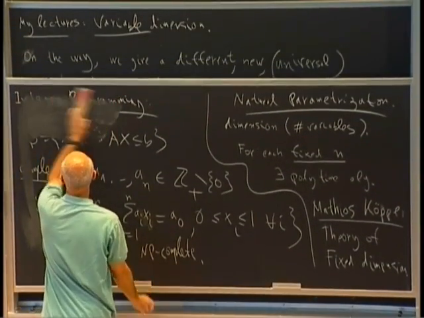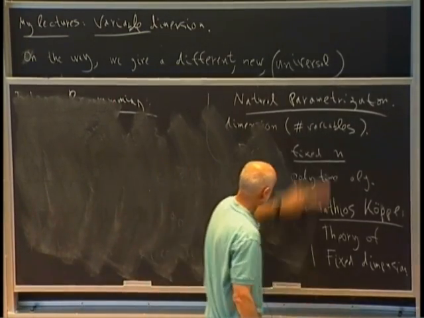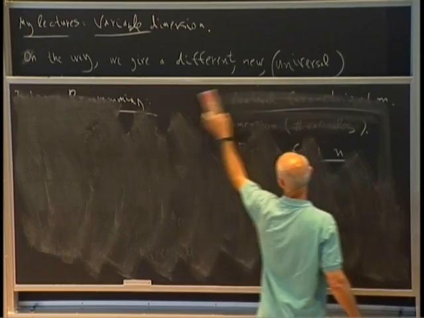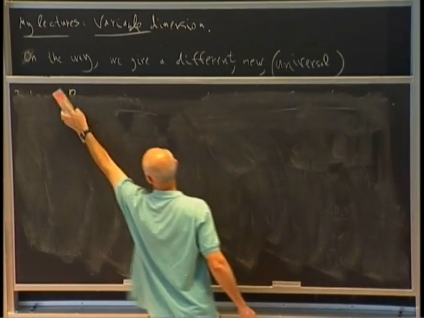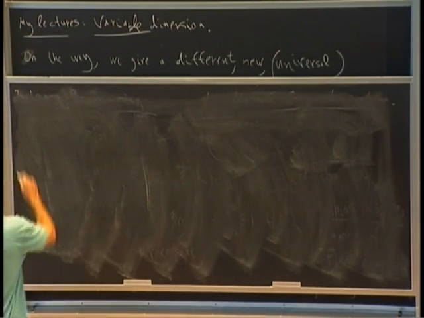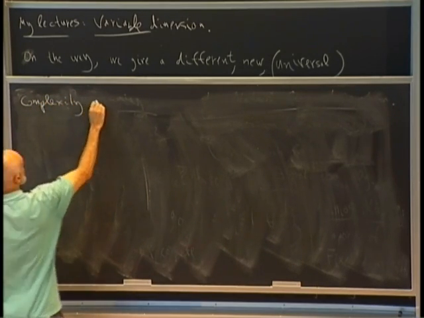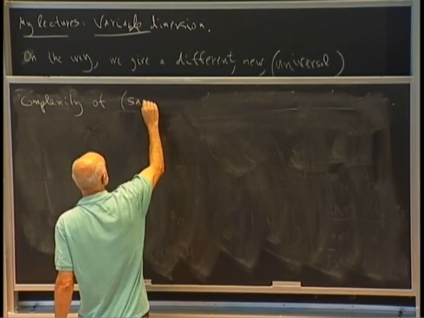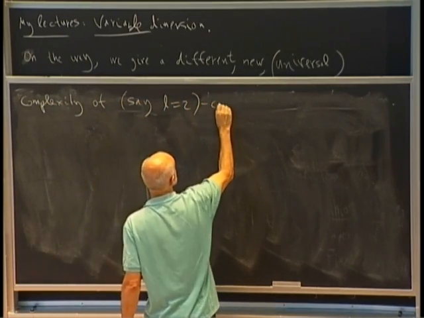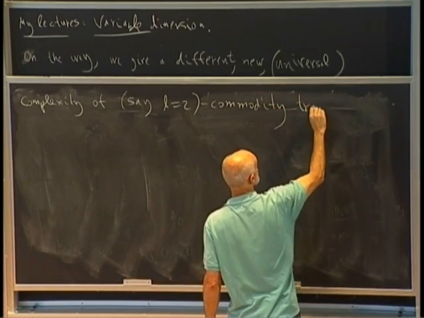How about the complexity of this transportation problem with two commodities? Complexity of the, say, L equals 2 commodity transportation problem.